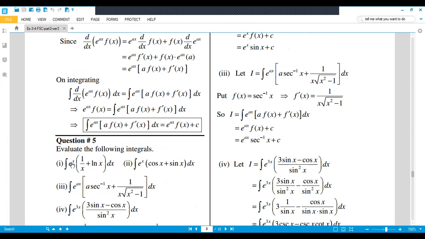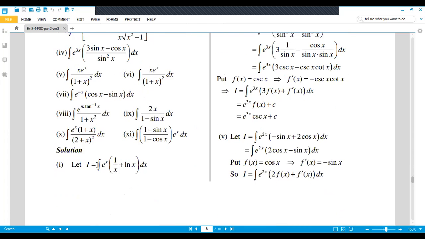In question number 5, e^x times (1 over x plus natural log of x). You can see that e power x has derivative 1, 1 over x is a function and its derivative is natural log of x, or natural log of x is the function and its derivative is 1 over x.